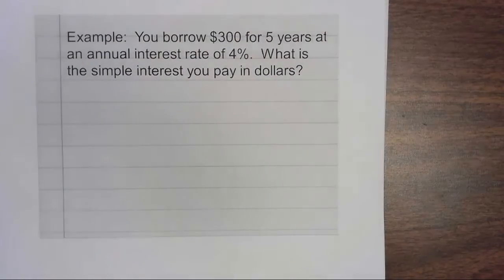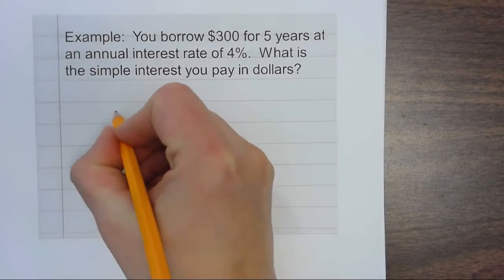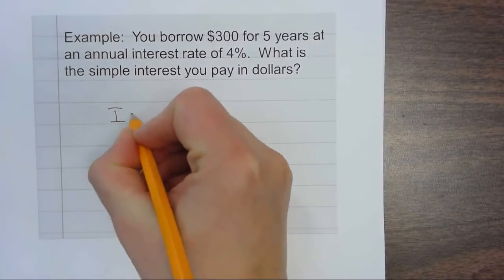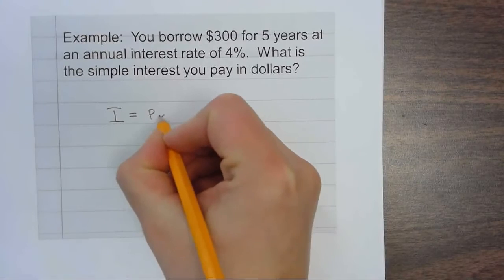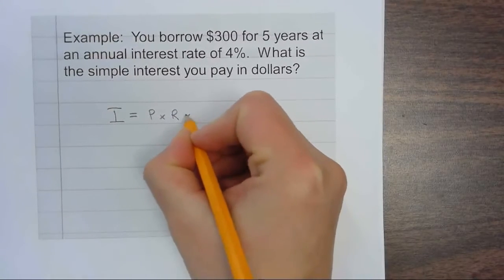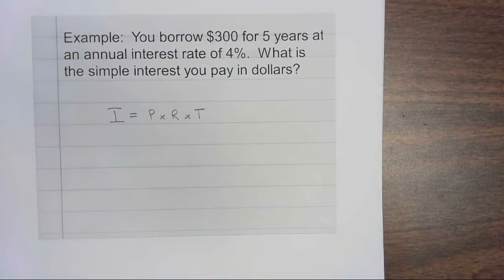Here's an example. You borrowed $300 for 5 years at the annual interest rate of 4%. What is the simple interest you pay in dollars? So you're going to start with your formula, which is interest equals principal times rate times time. What is the principal?